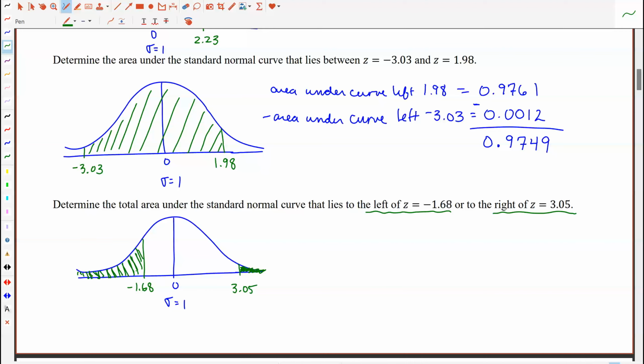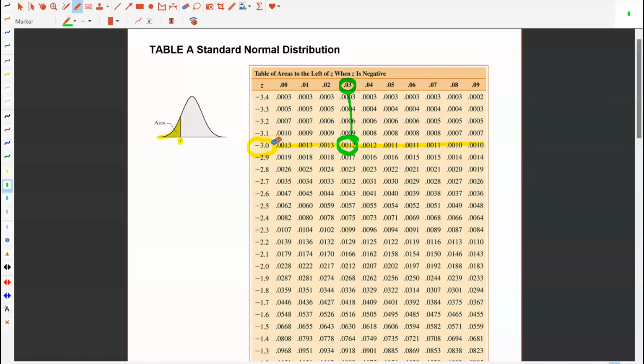All right, so our game plan then is we're going to first find this guy's area, the area that is to the left of negative 1.68. Our table is beautiful to give us area to the left. So negative 1.68, we come back over to our table.